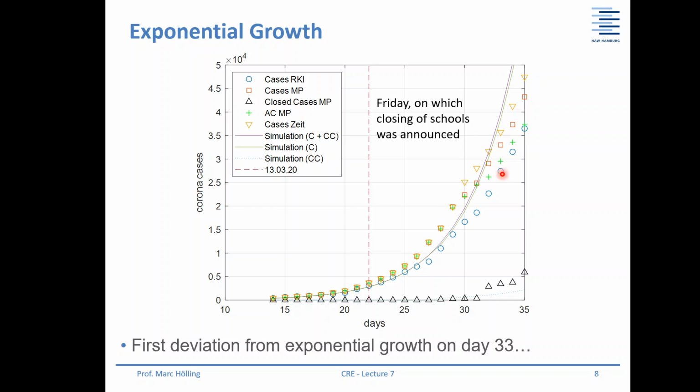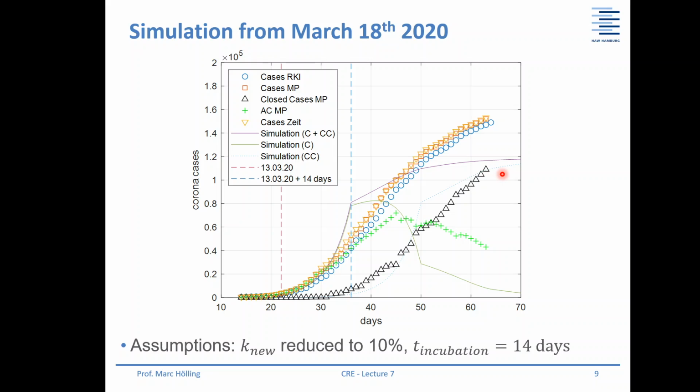And then in the last presentation, I made some assumptions. I just said, okay, what will happen when you lock down everything? I assumed my new reaction rate will go down to 10%. So your reaction rate is not 3.3 times 10 to the power of minus 9, but instead 10 to the power of minus 10.